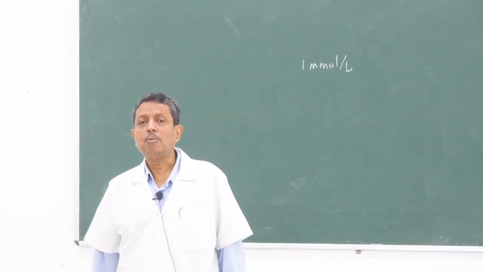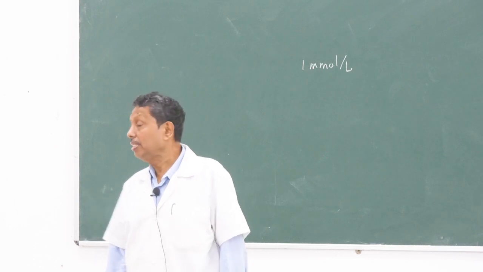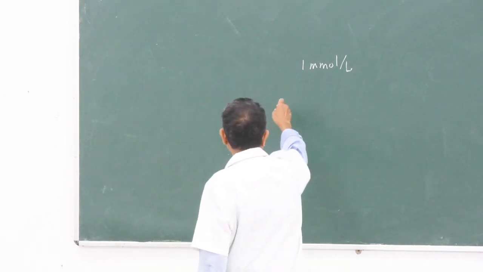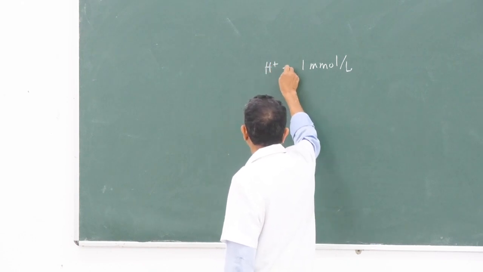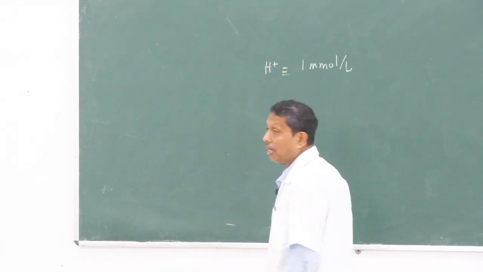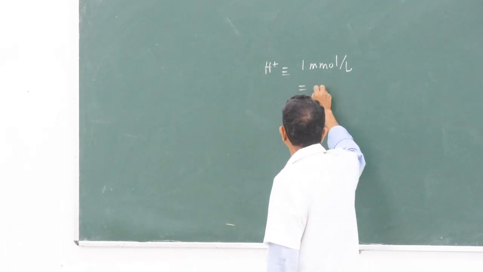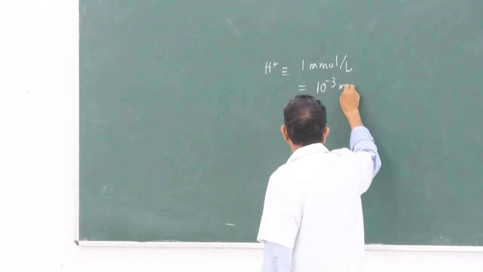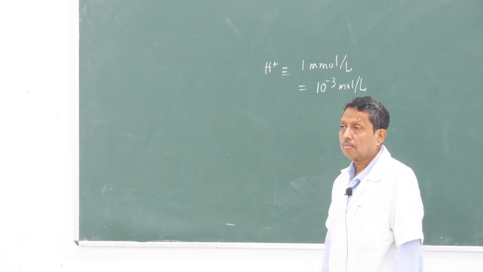So in this volume of water that contains this strong acid, the hydrogen ion present is 1 millimole per liter, which is equal to 10 to the power minus 3 mole per liter.